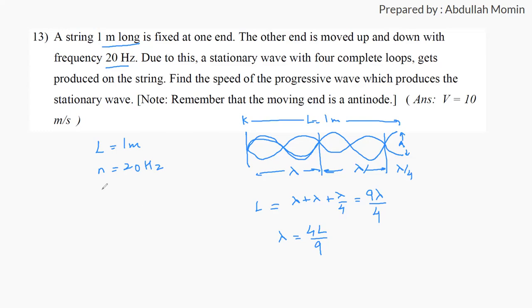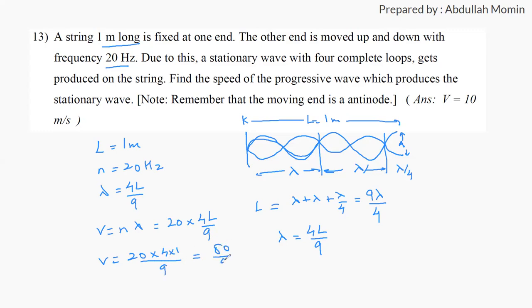And now we have the value of lambda, that is 4L by 9, and the speed is v is equal to n lambda, means 20 into 4L by 9, and the value of L is 1. So 20 into 4 into 1 upon 9.